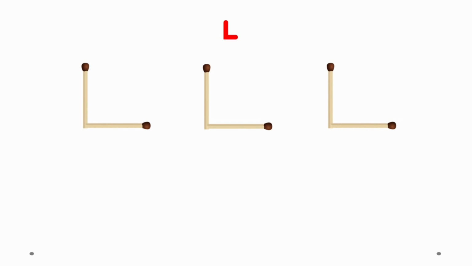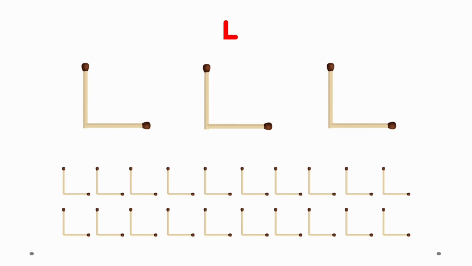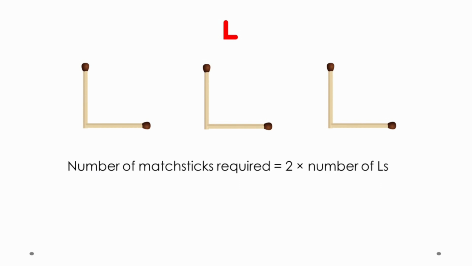If we have to find out how many matchsticks will be needed to make 20 L's, do we need to actually make 20 L's to find out? Won't it be too cumbersome? The matchstick pattern we made earlier has shown us that two matchsticks are needed to make one L. This can be represented as an equation: number of matchsticks required is equal to 2 into number of L's.